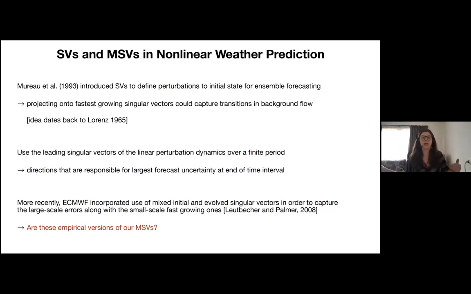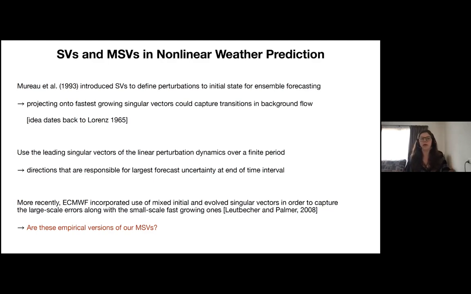However, more recently, ECMWF has incorporated mixing initial and evolved singular vectors in order to capture those large scale errors, along with the small scale fast growing ones, because what was happening is there was a lot of saturation of error in the first couple of days, which was proving difficult to predict 10 days down the line.